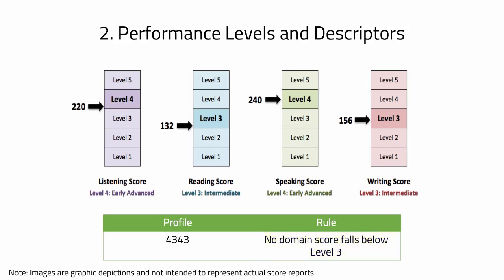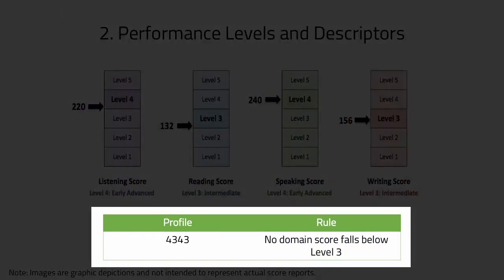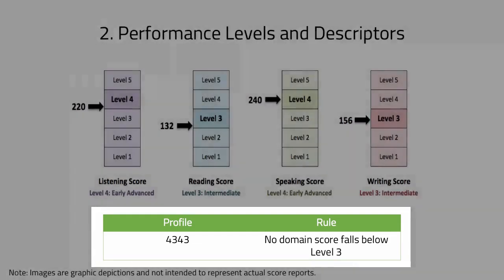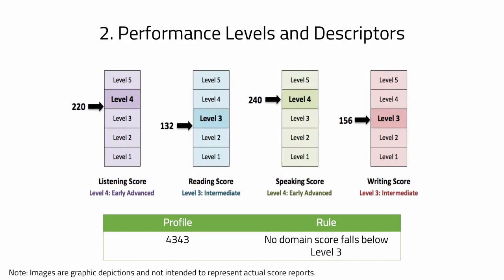The hypothetical results shown here would correspond to a profile of 4-3-4-3, or a rule that no domain score falls below level 3. A profile provides more instructional information about students who may have the same overall score, but differ in skills and academic needs based on their domain results, which would in turn warrant different English instructional supports.